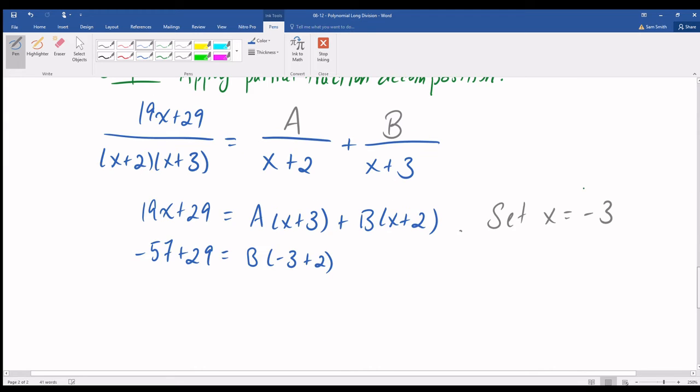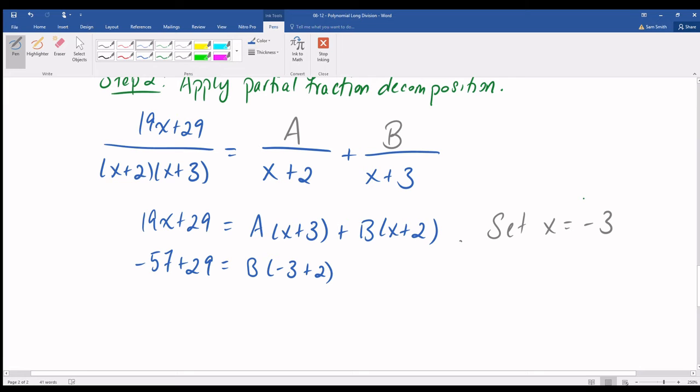So we have 57 take away 29, that becomes 28. Negative 28 is equal to B times negative 1, and therefore 28 is equal to B.